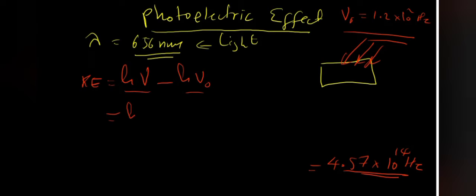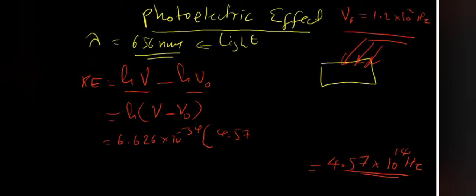So we can just simply factorize. That becomes like that. So Planck's constant is 6.626 times 10 to the power negative 34, and then the frequency is 4.57 times 10 to the power 14 minus the threshold frequency, that is 1.2 times 10 to the power 2.